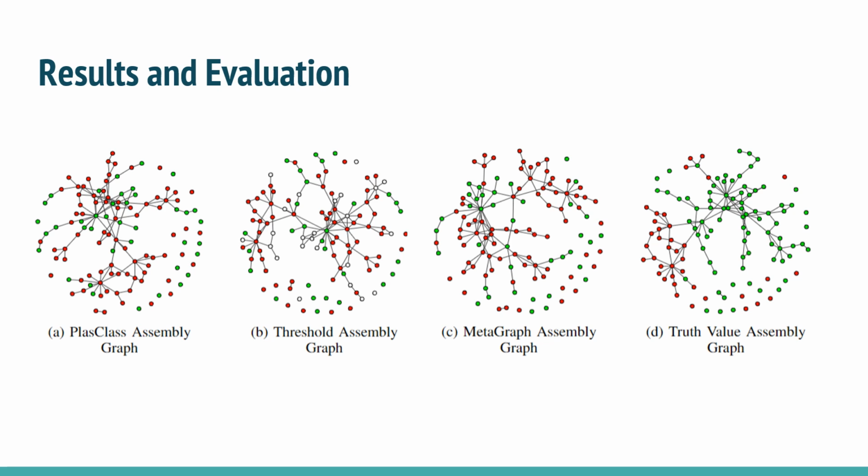Figure A shows the prediction generated from plus class. The graph obtained after applying thresholds of 0.2 and 0.8 is shown in figure B. The final predictions obtained by training the graph neural network are shown in figure C. The ground truth values are shown in figure D.